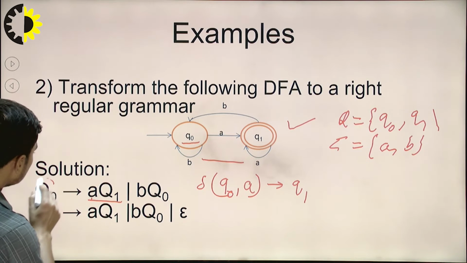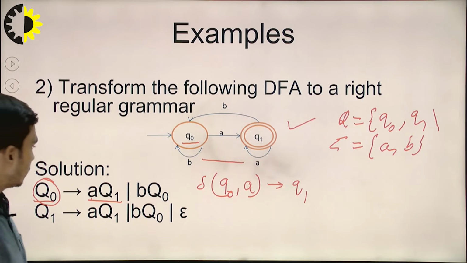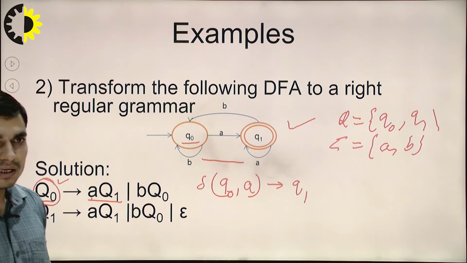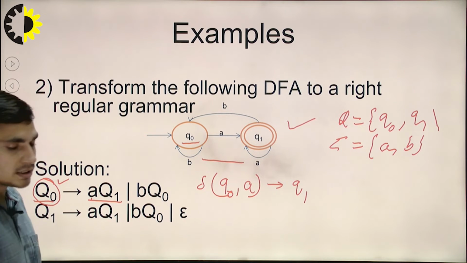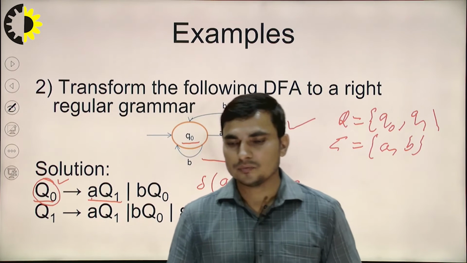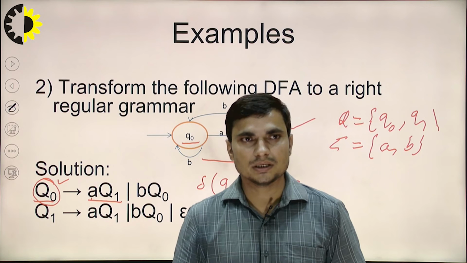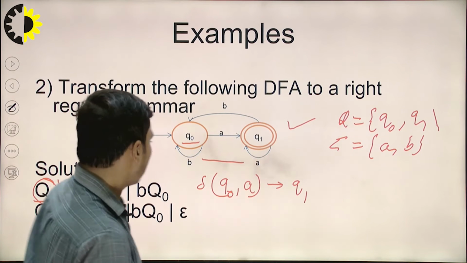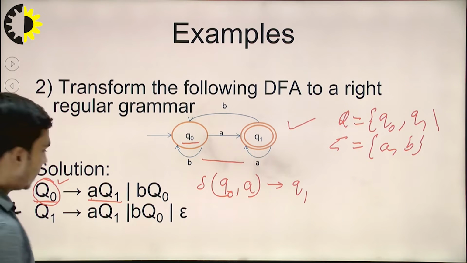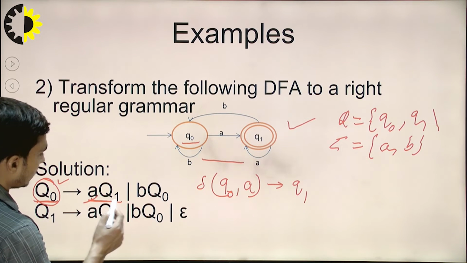Here we represent Q0 in upper case because, when writing a grammar, there is a basic convention that we generally represent non-terminals in upper case and terminals in lower case. To distinguish between terminals and non-terminals, we use Q0 in upper case and a in lower case. So the production rule will be Q0 = small a Q1.